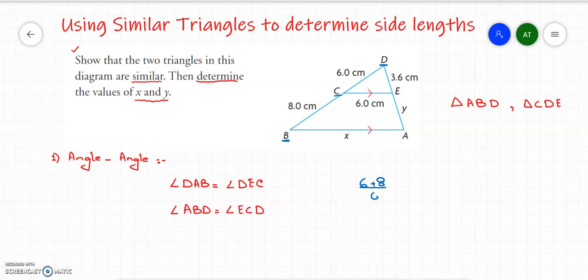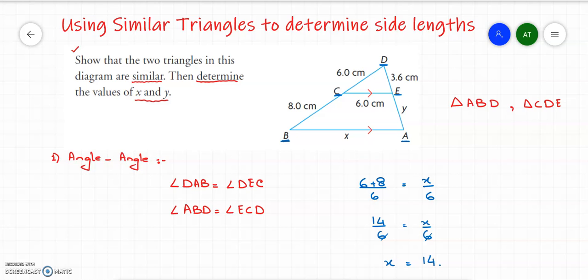So BD divided by CD must be equal to AB divided by CE. AB is x, and CE is 6. So it would be 14 over 6 equals x divided by 6. We can cancel the 6 and we get the x value, that is equal to 14.